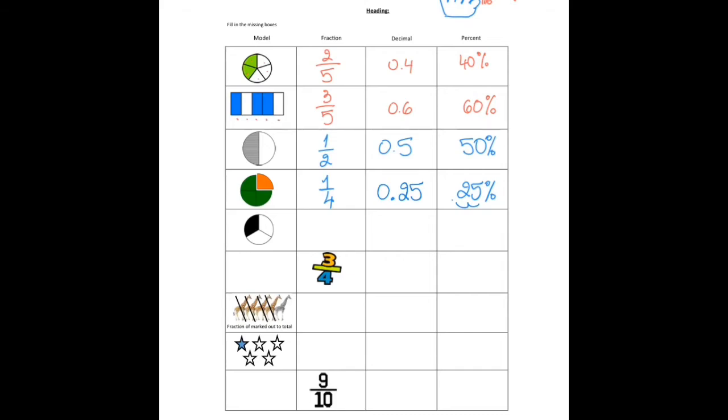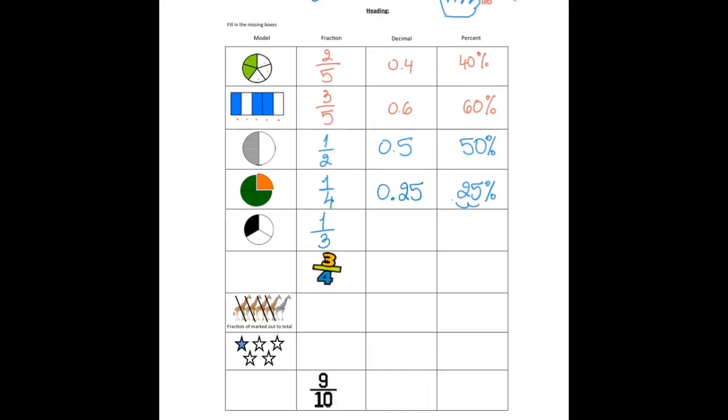Next, you will see 1 piece shaded out of 3. So you have 1/3. If you want to find out the percent, you have 100 divided by 3. So 1 cannot be divided by 3.